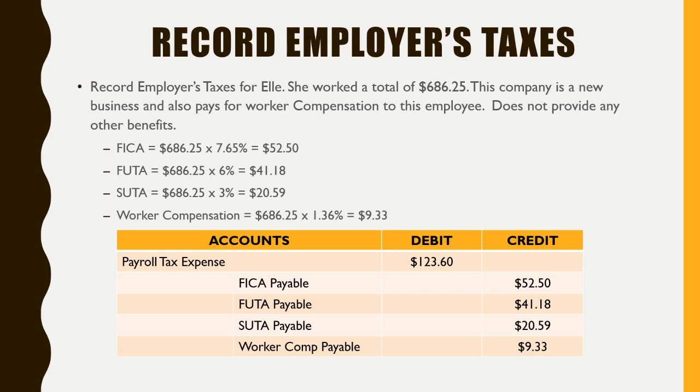Okay. FUTA, again, for this class, we're using 6%. So we're going to multiply the gross earnings by 6% to get us a grand total of $41.18. Okay. SUTA, again, is going to be 3%, which is going to give us a grand total of $20.59.